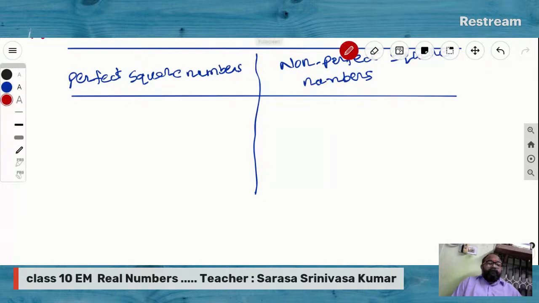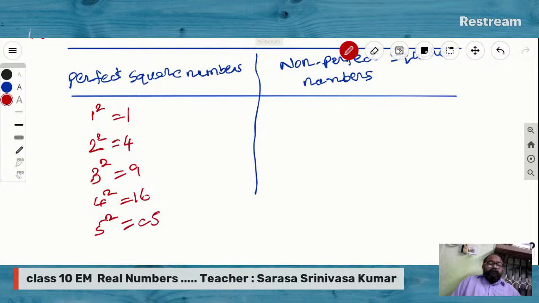Consider 1 square equal to 1. 2 square equal to 4. 3 square equal to 9. 4 square equal to 16. 5 square equal to 25. 6 square equal to 36.